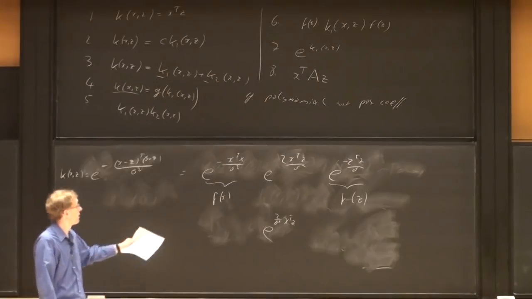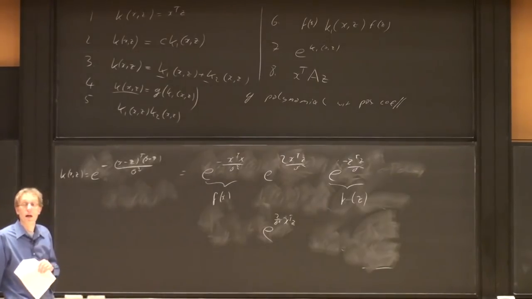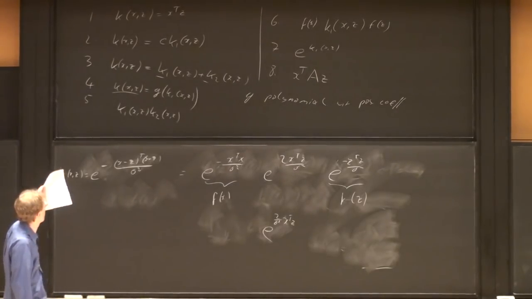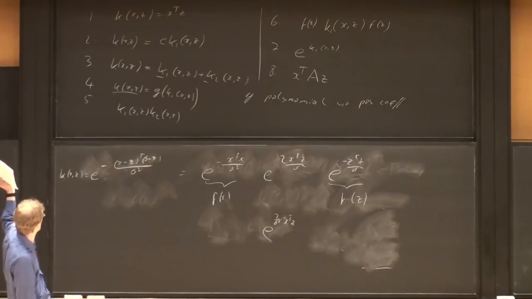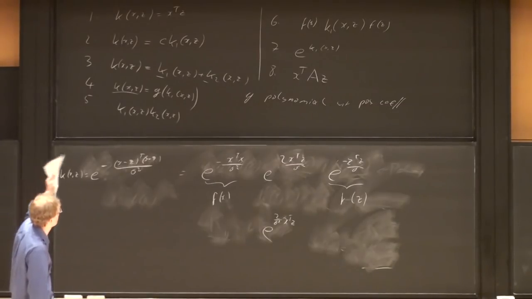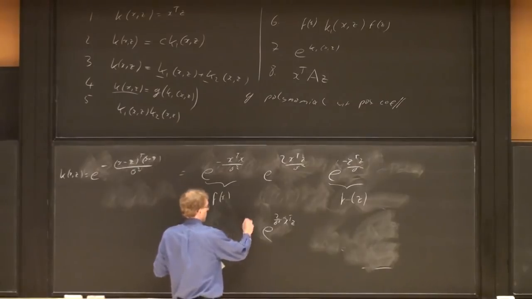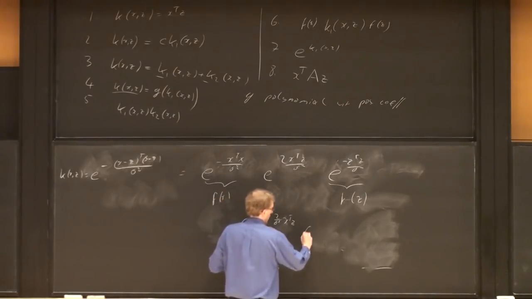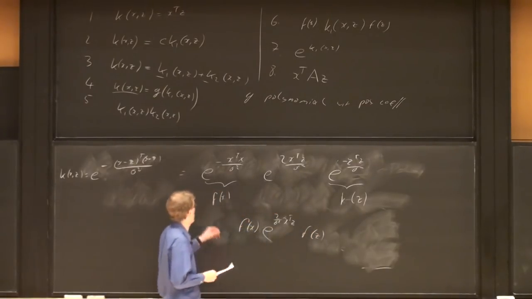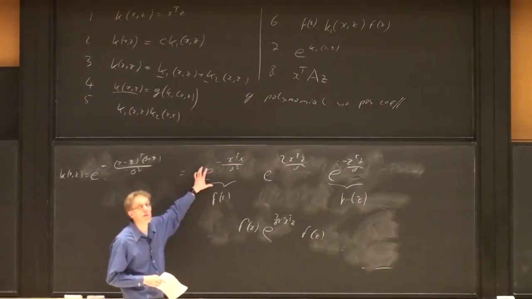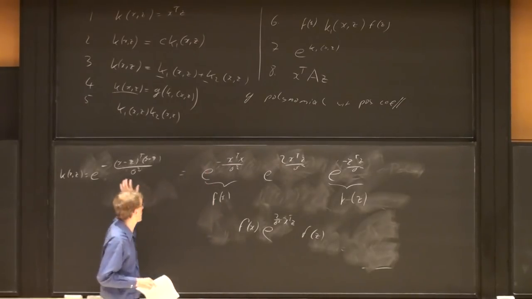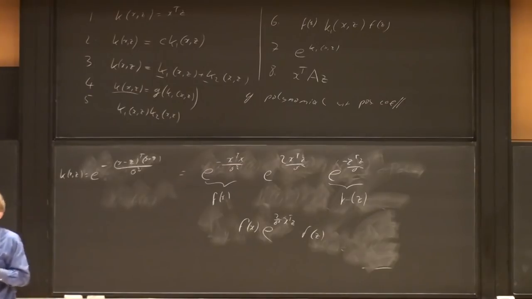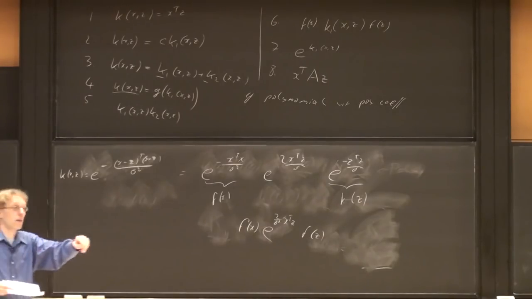Now I have exactly the middle part. And now I can use rule number 6. That says I can multiply this with f of x on the left and f of z on the right for any function f. I define them as here, and then I get exactly this term on the left. So the RBF kernel, in a 4-step process, is very simple and is exactly a well-defined kernel. Yes, thank you very much. It's very, very nice.